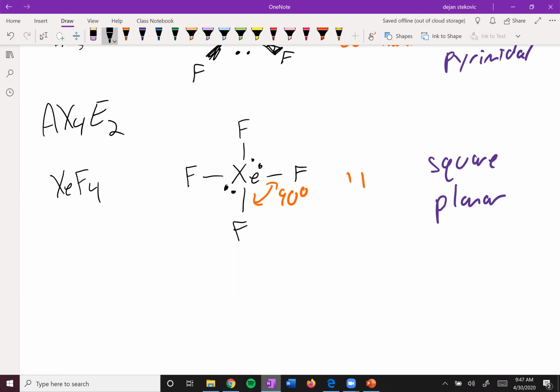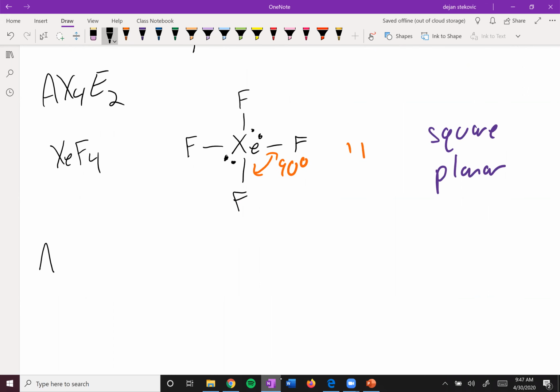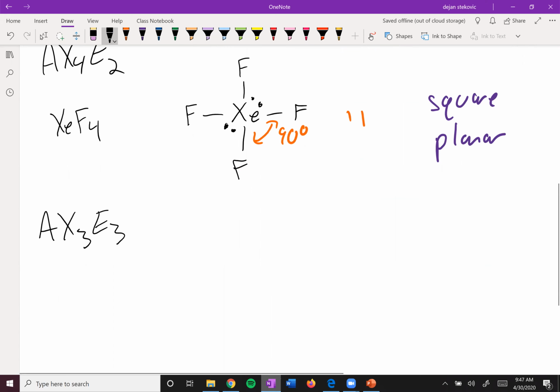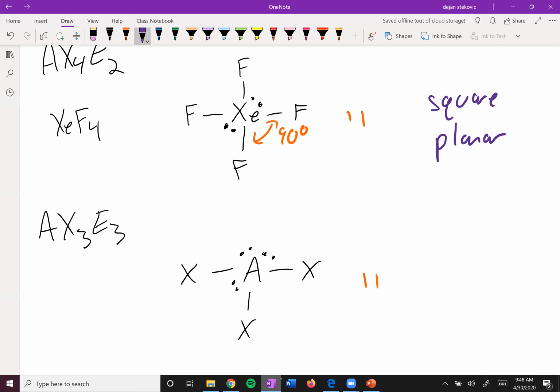And then you can keep playing the game, AX3E3. And so now we need to replace 3 of our things with lone pairs. I don't have a shape for you here, unfortunately. So we have A, and we have X, X, X, and then a lone pair, and then yet another lone pair, right? So still the same electron geometry, but now our shape is T-shaped.